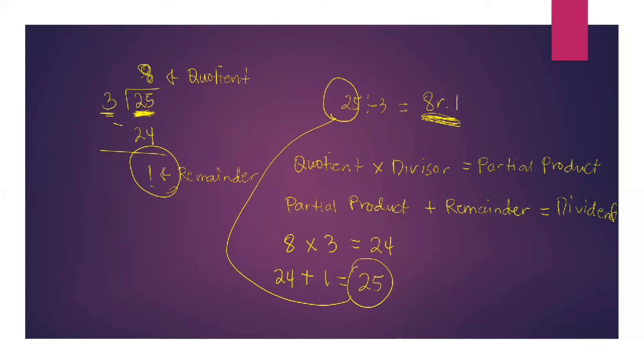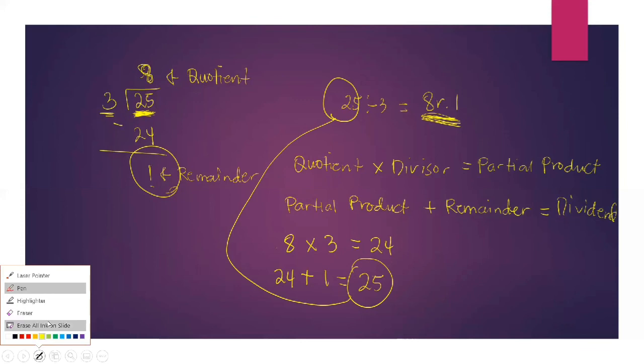So, let's have another example. Try ulit natin yung medyo malaki yung value. So, let's have 356 divide natin by 7. Let's write it in radical sign. 356 divide by 7.